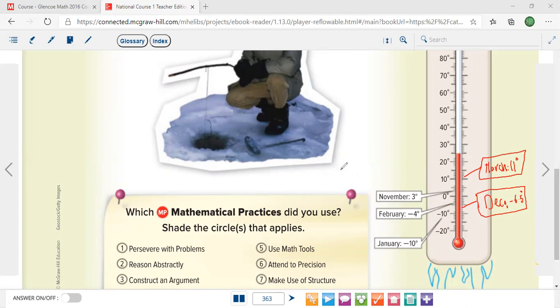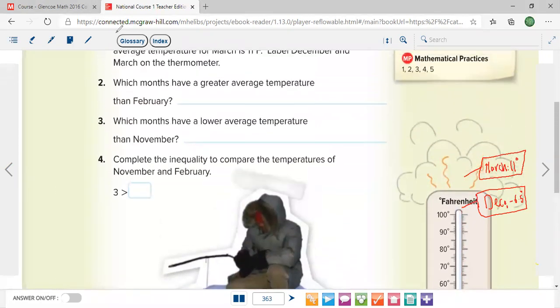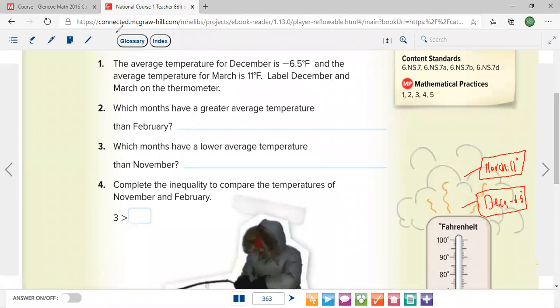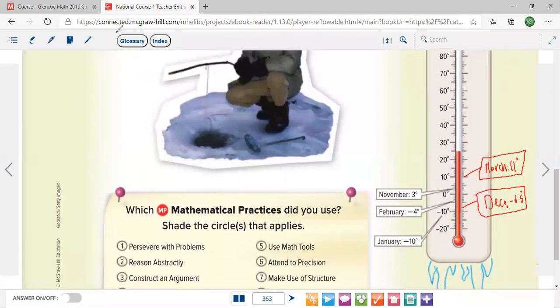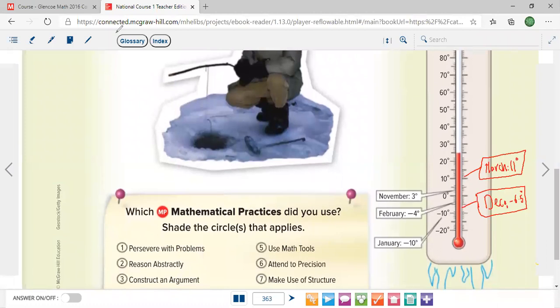Very easy. Now they are going to ask us which months have a greater average temperature than February. Greater than February, Shabab. A month greater than February means the one that is above February directly. So it will be November with 3 degrees.